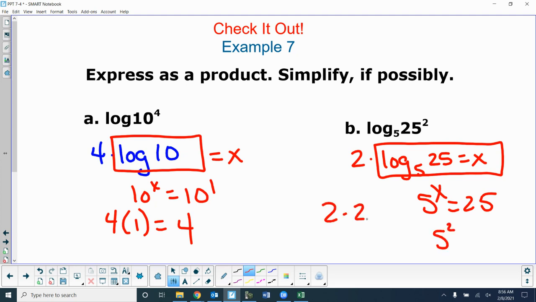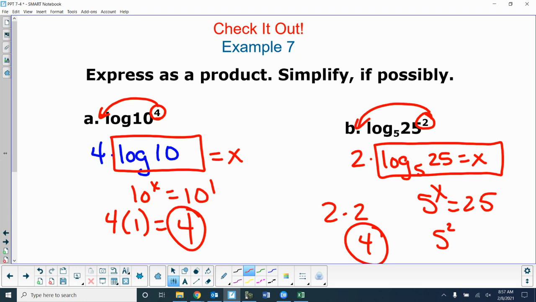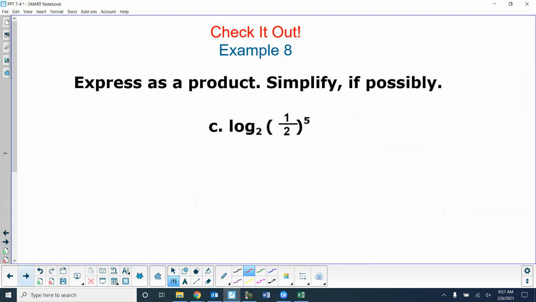So this is 2 times 2, so what's the answer? 4. So both of those were 4. Okay? So when you see the exponent, you're just going to put it out front and multiply. So I do that 5, put it out front, right?